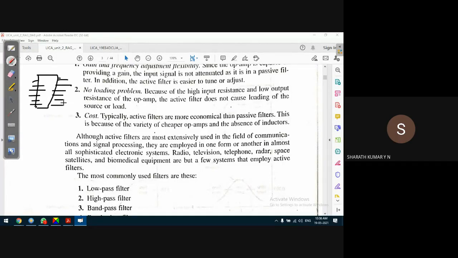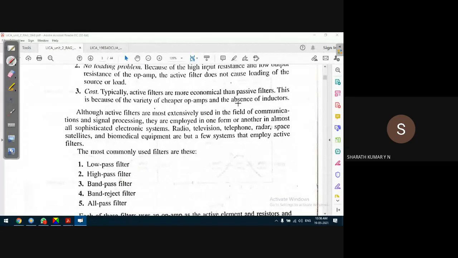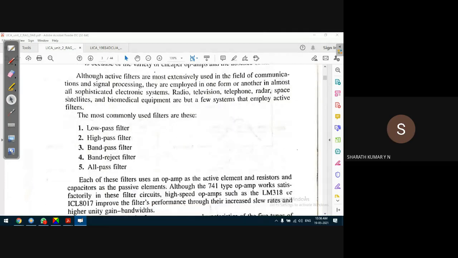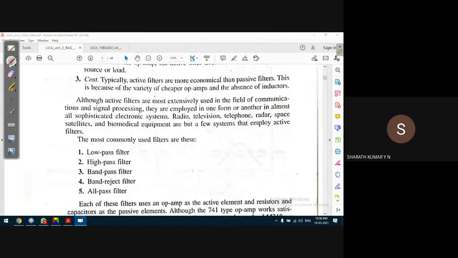So it becomes affordable. And no inductors will make filters happy, because the weight of the filters will be low, and it will be cheaper also because of the non-usage of inductors.